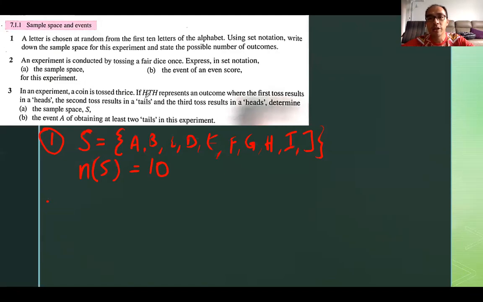But in mathematics we usually call it head and tail. The head refers to the picture side and the tail refers to the side that has the number. That's usually the standard. So if HTH represents an outcome where the first toss is heads, the second toss is tails, and the third toss is heads, determine the sample space.